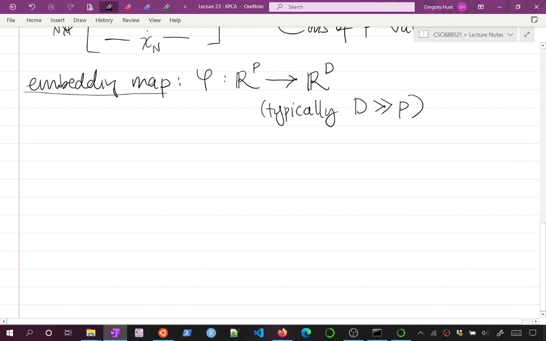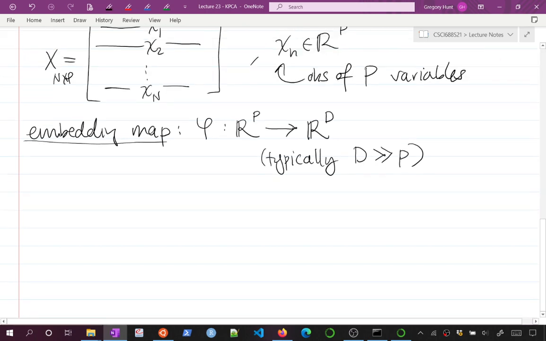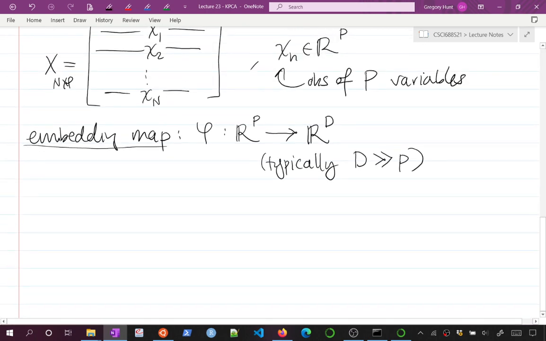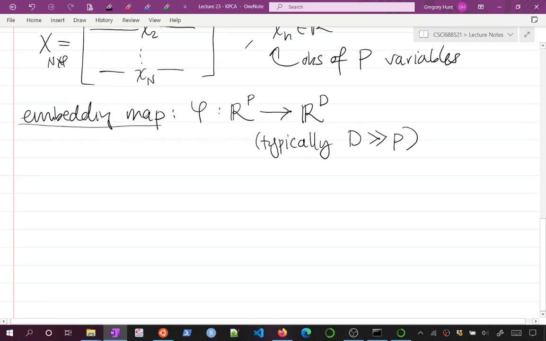It doesn't have to be, but typically we embed the data through this mapping phi into a much larger space and do PCA in that much larger space, and it will actually reduce the dimensionality of our data better. This can be interpreted as learning nonlinear subspaces in the p-dimensional space, instead of linear subspaces in the original p-dimensional space.